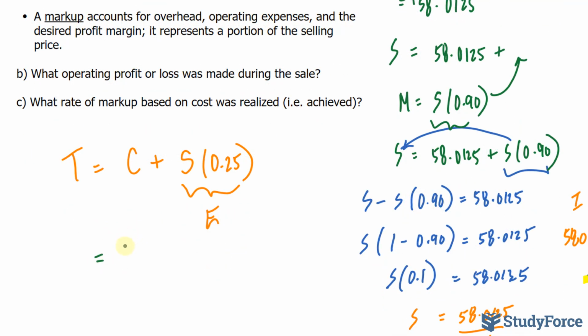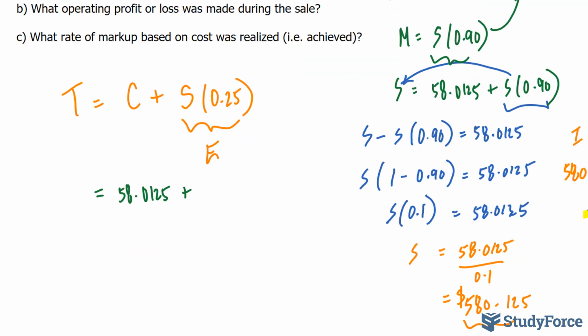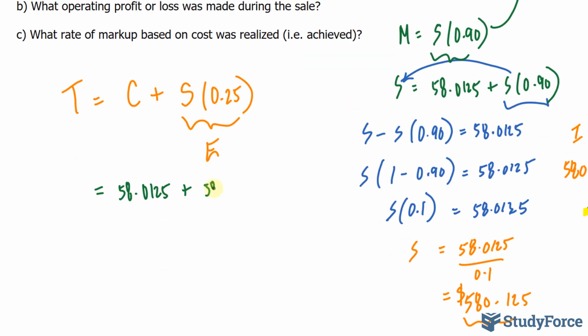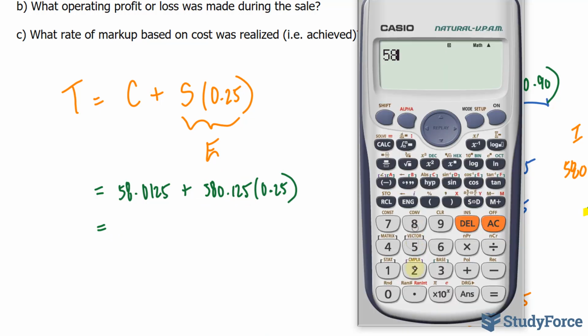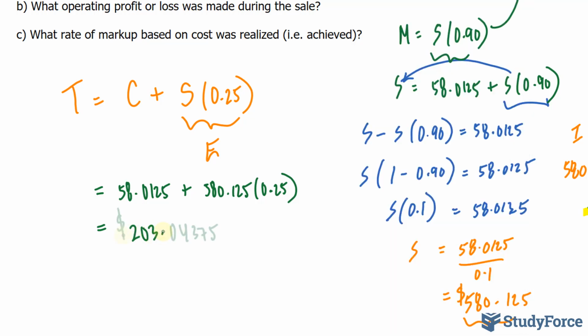We know that the net price per unit was 58.0125 plus our regular selling price multiplied by the overhead rate of 25%. We have 58.0125 plus 580.125 multiplied by 0.25, and we end up with a value of 203.04375.